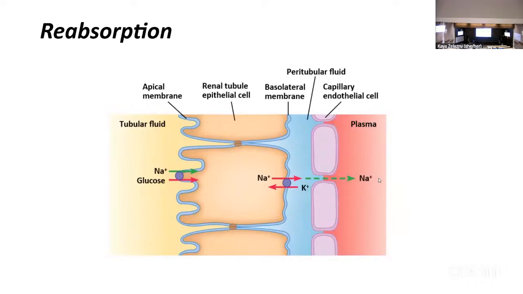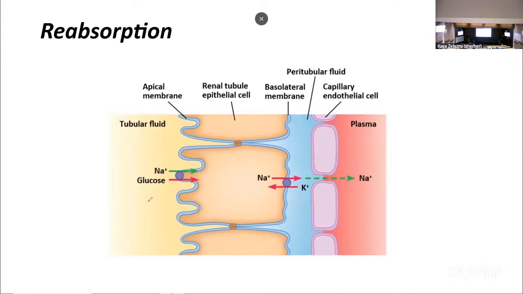Okay. So when we're thinking about reabsorption, our direction is from the tubular fluid into the bloodstream. So we're going to cross that apical membrane, cross the body of the cell here, and cross our basolateral membrane.